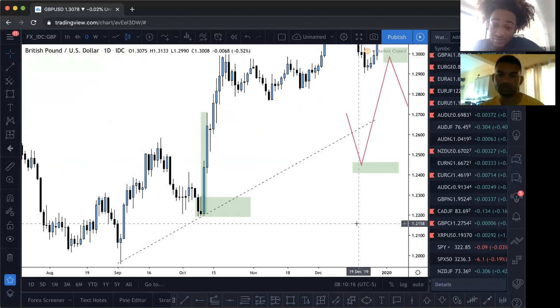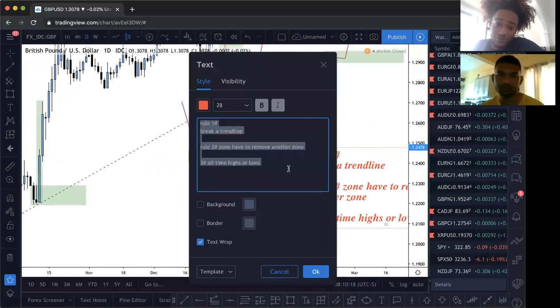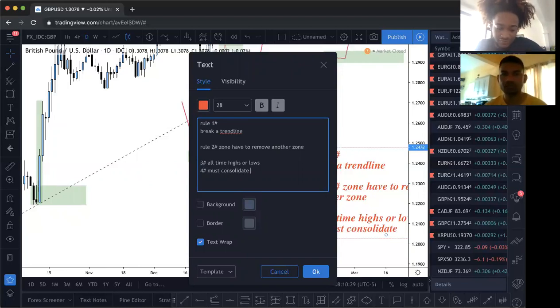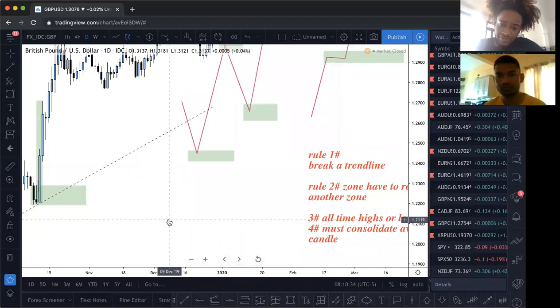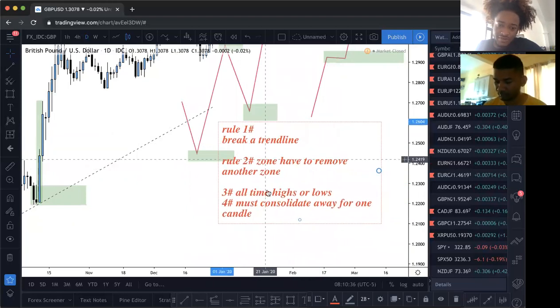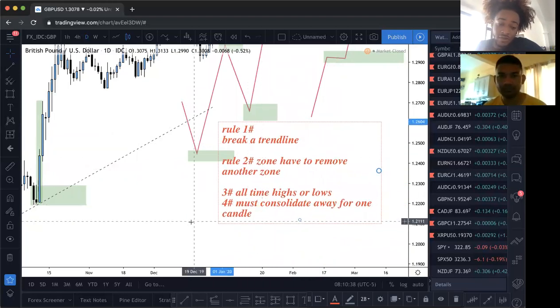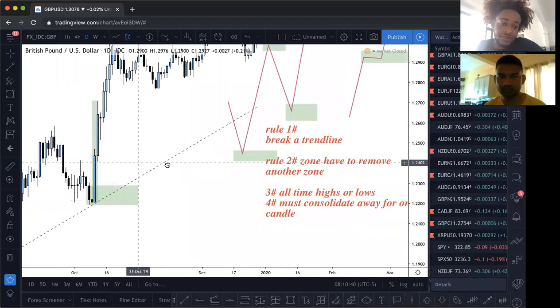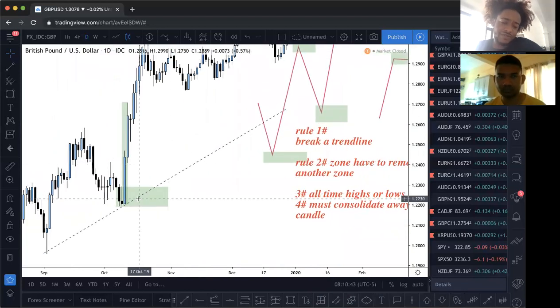Another thing I forgot to add to confirm the zone: this rule applies to all time frames. The market must consolidate away for at least one candle, meaning if you have an impulse away and then the market comes straight back to the zone, then you can't take it.